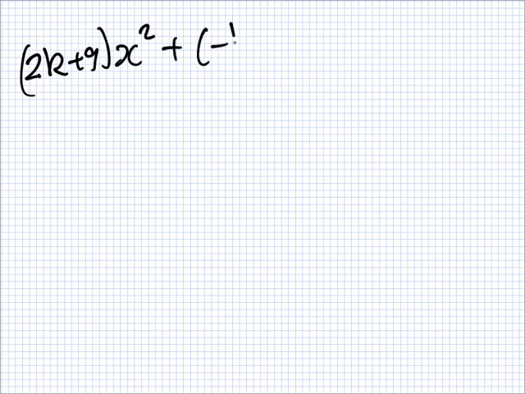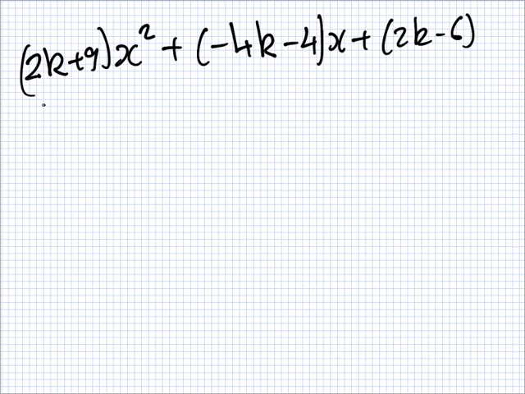Right, let's look at the reverse now. 2k plus 9 x squared minus 4k minus 4x plus 2k minus 6 has no real roots.